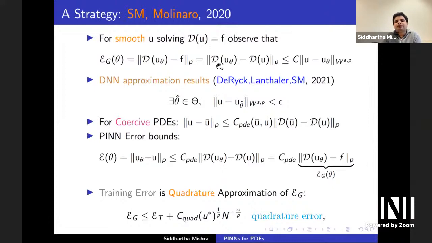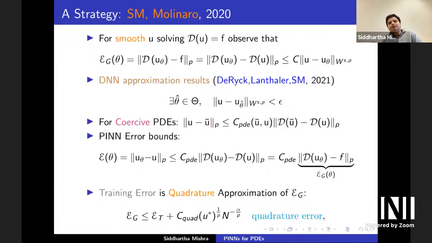This is a differential operator applied to different functions. And depending on how many derivatives there are, we can estimate it in some W^{s,p}, in some high order Sobolev norm. So as long as I am able to approximate my solution in a high order Sobolev norm, I could at least show that the PINN residual, the pointwise residual, is going to be small.